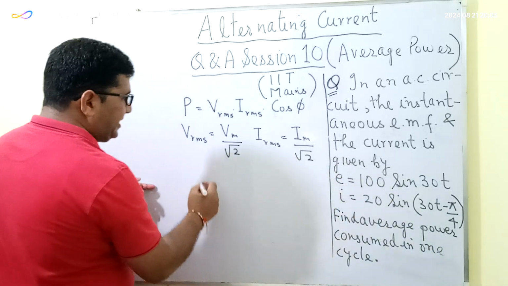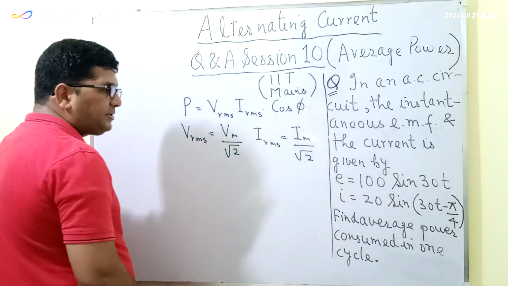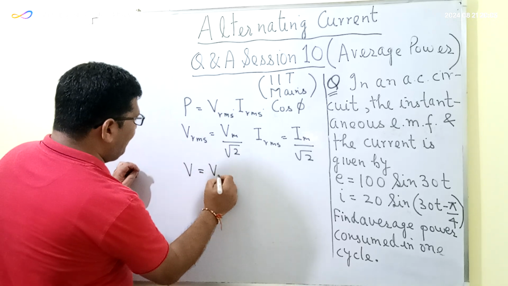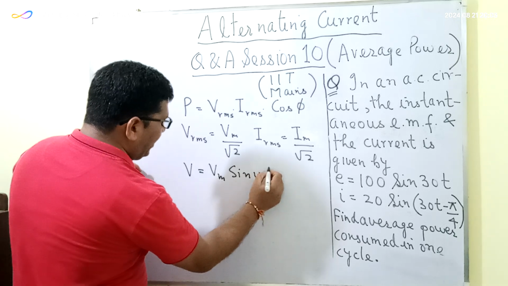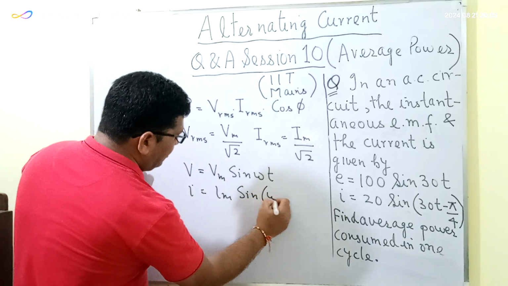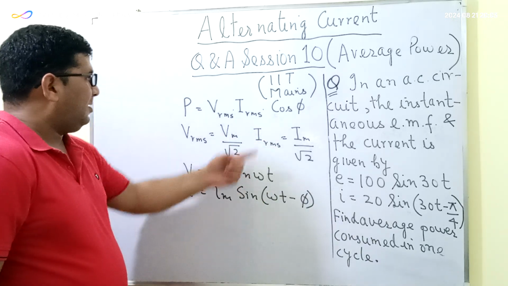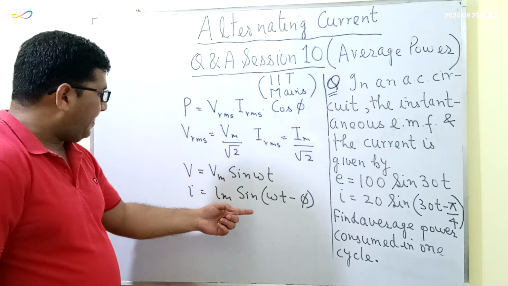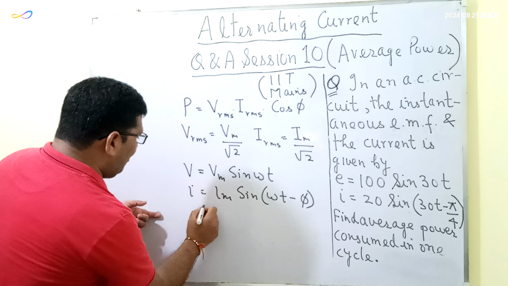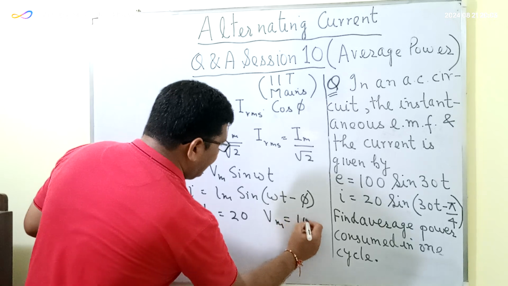Now from these two equations, that is E is equal to 100 sin 30t and I is equal to 20 sin(30t minus pi by 4), if I compare these equations with V is equal to Vm sin omega t and I is equal to Im sin(omega t minus phi), where phi is a phase angle as we have just discussed, we can say that the value of Im is equal to 20 amperes and the value of Vm is equal to 100 volts.